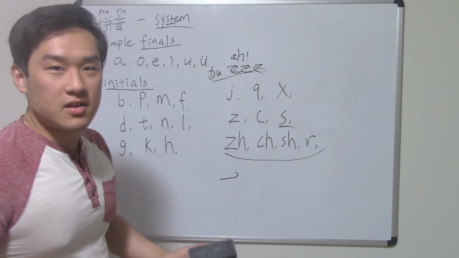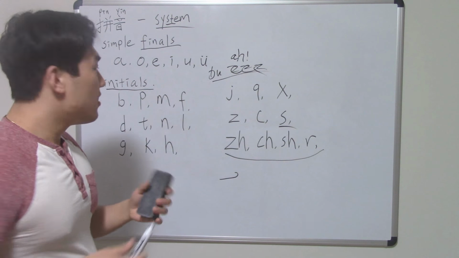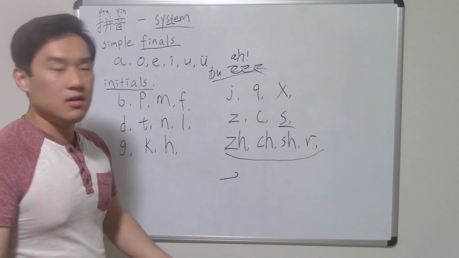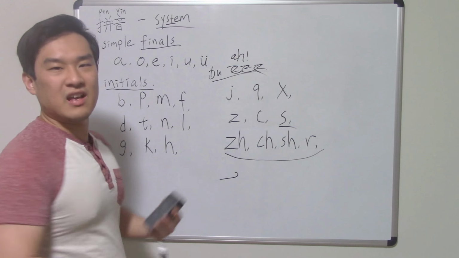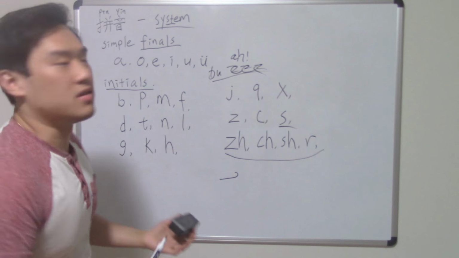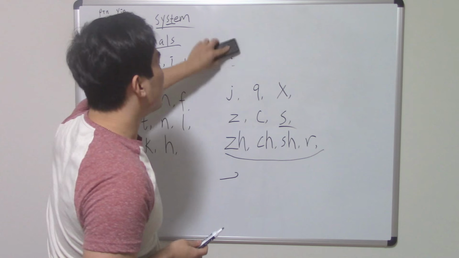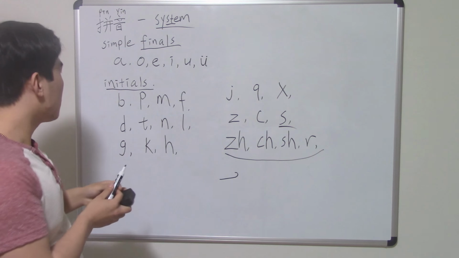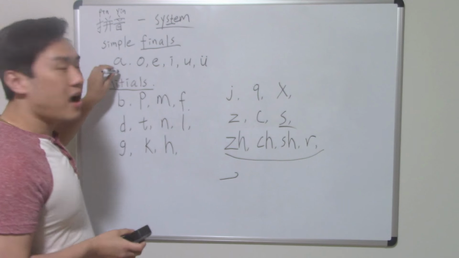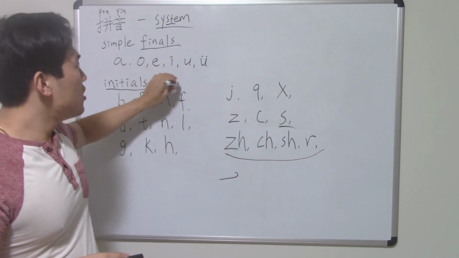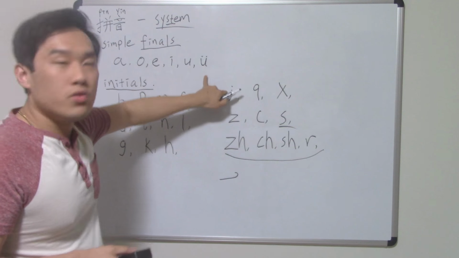Okay, and that's it. It might be kind of difficult, but it's actually pretty simple, right? That's literally all there is. You say those just like A B C D. It's pretty easy. Okay, so let's review. Start from the beginning here. The simple finals we got: a, o, i, u, ü.